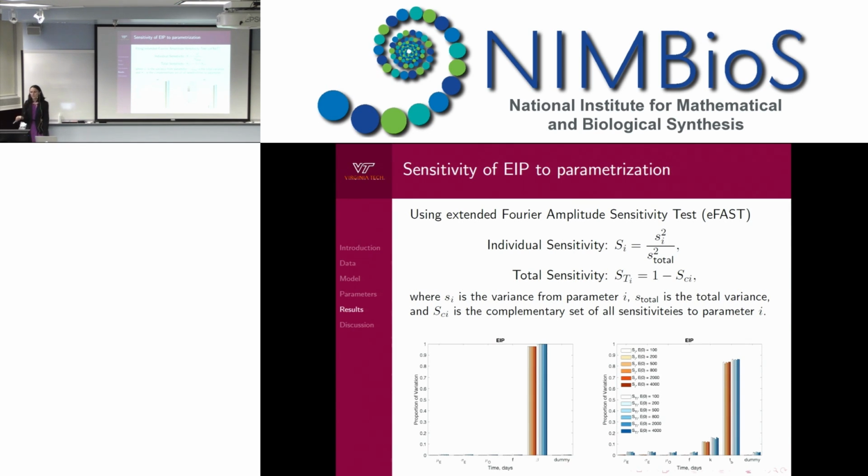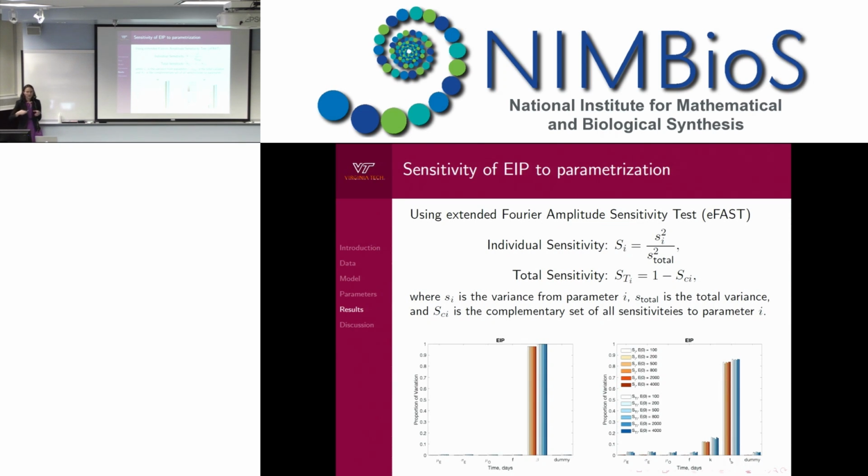And we look at two different things: the individual sensitivity, and that's going to be the variance computed from the Fourier coefficients for a particular parameter versus the total variance that we see. And then we also look at the total sensitivity, and what that does is focus on a single parameter, lump all the other parameters together, and look at the contribution of just that single parameter, so you're able to think about higher order interactions.